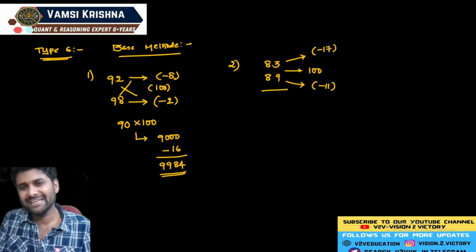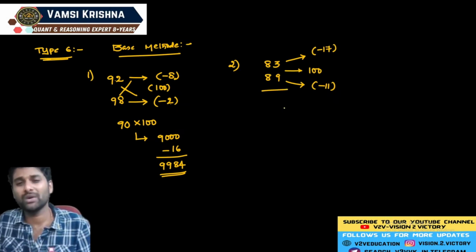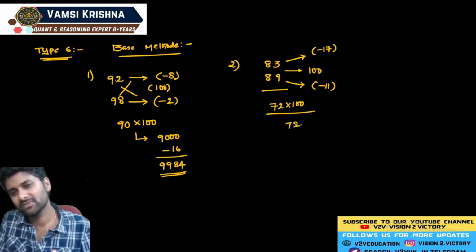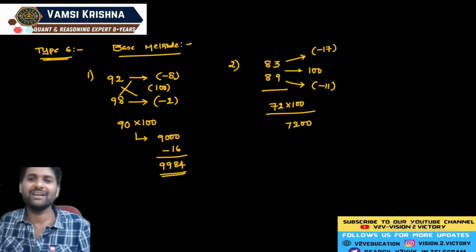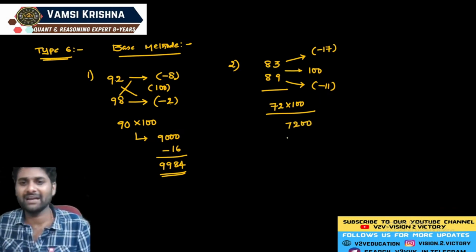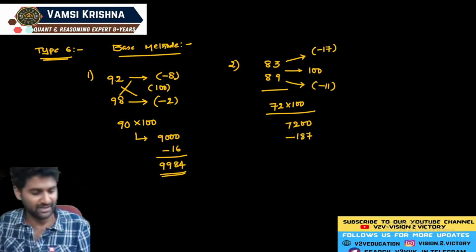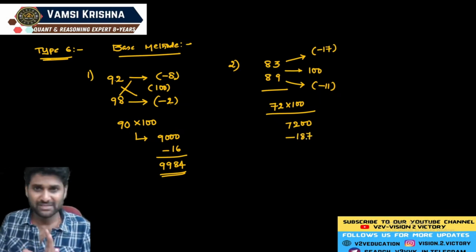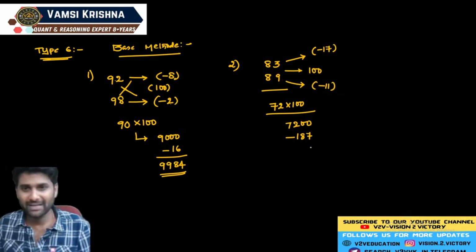Now you already know that 83 minus 11, or 89 minus 17, is 72. If 72 is multiplied by 100, it becomes 7200. Now 17 multiplied by 11 is 187.